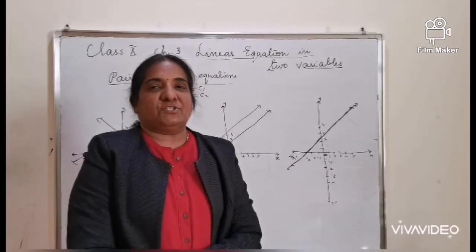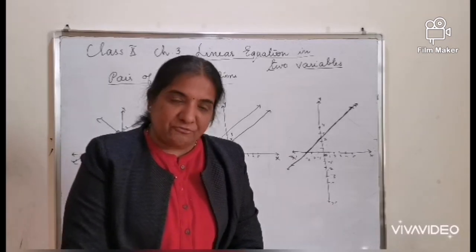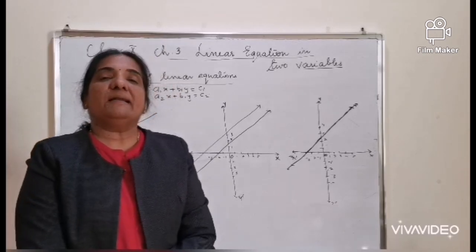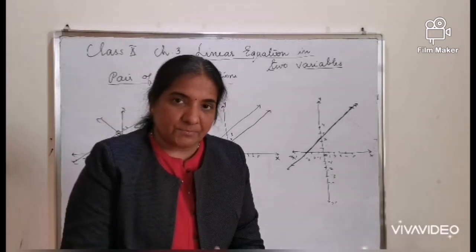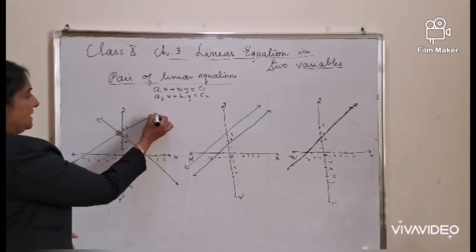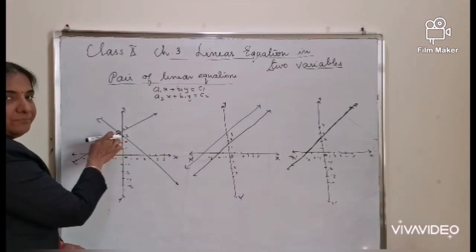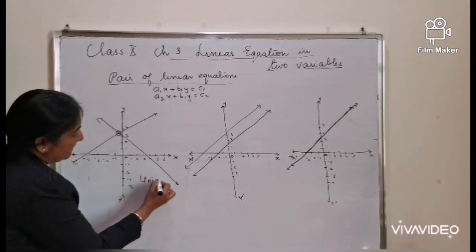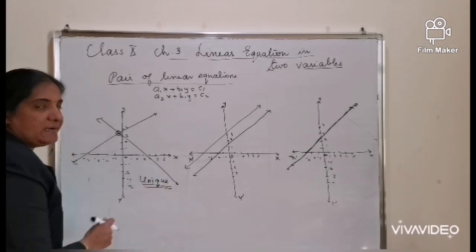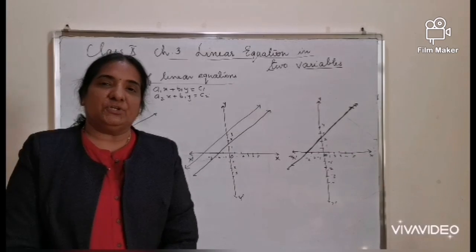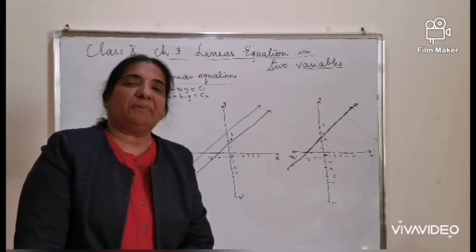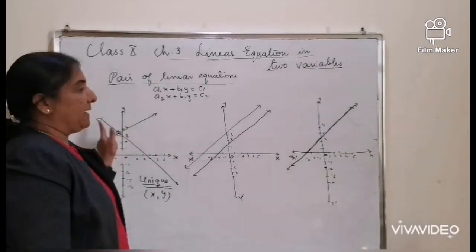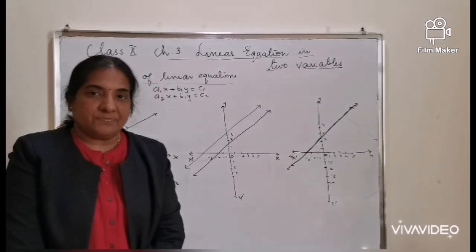From these graphs, what can you infer about the solution of a pair of linear equations? When the lines intersect at one point, it is very obvious that they have only one solution. Only a single ordered pair (x, y) will be a solution for this pair of linear equations.